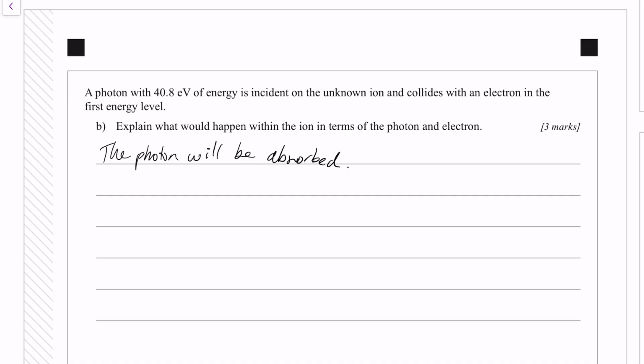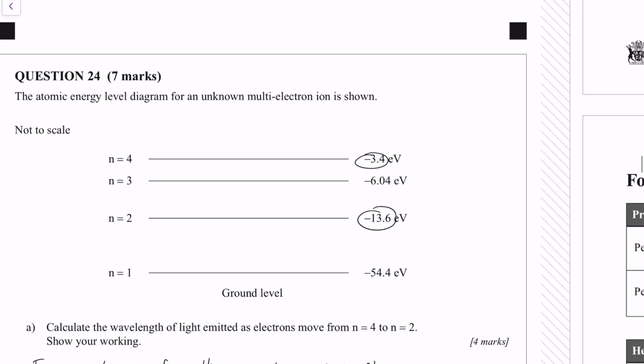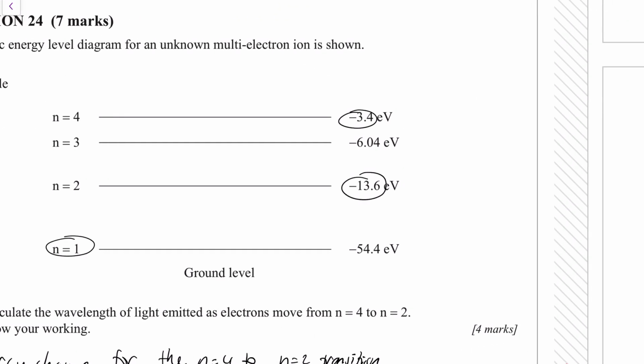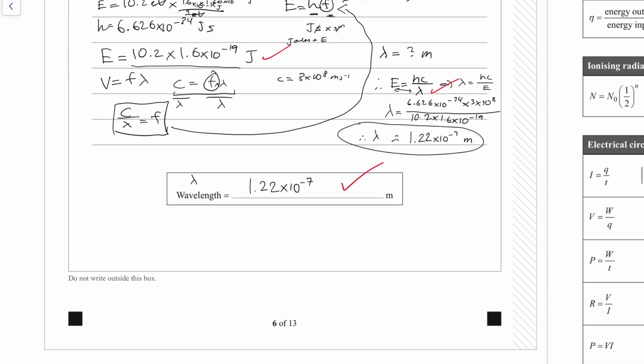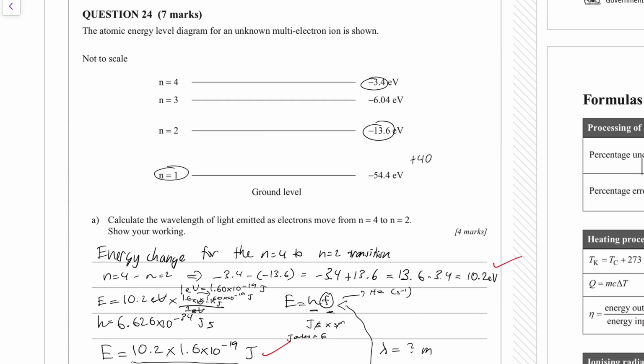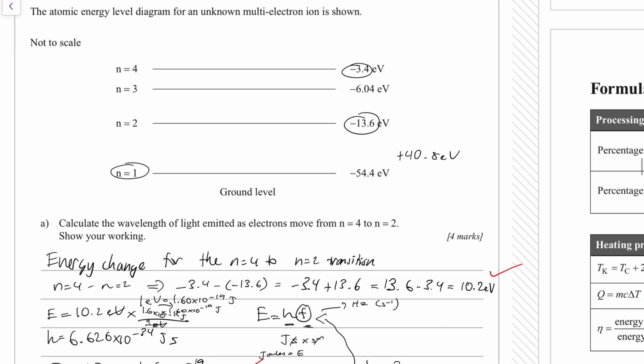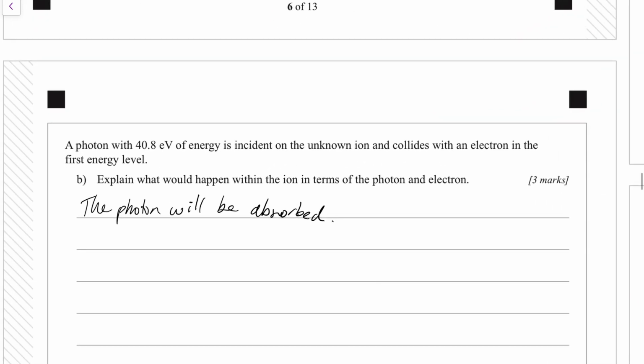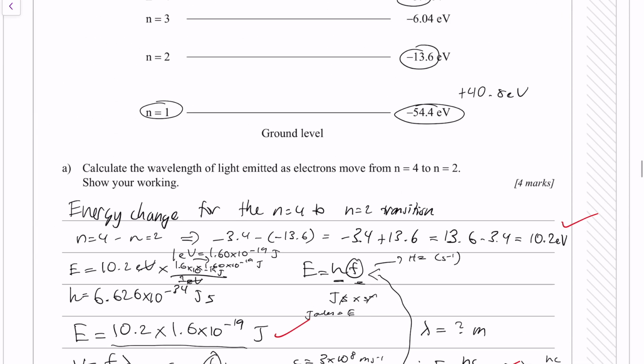All right, and the reason for that is because we know at energy level 1, if we add 40.8 eV to our n equals 1 energy, because we're told that a photon with 40.8 eV of energy is incident on the unknown ion and collides with an electron in the first energy level.